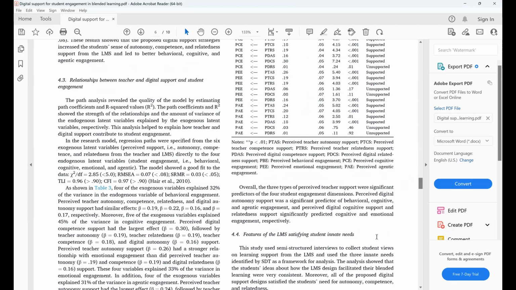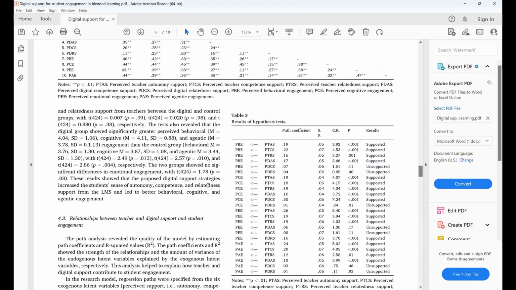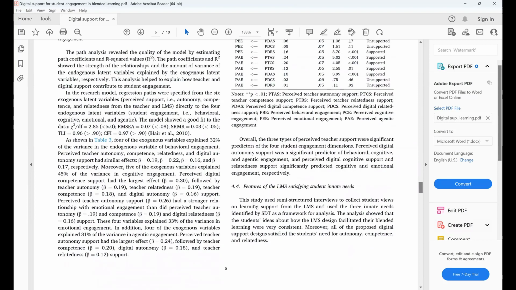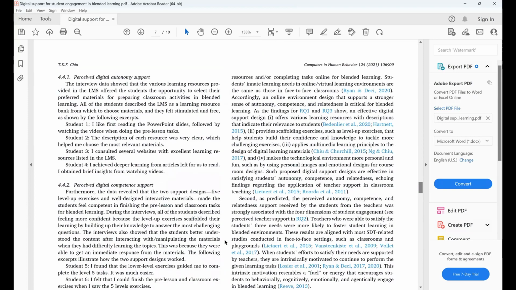So you can see that even in the results, I'm talking a little bit about how to lay out. They also follow the sequence of the RQs. Similarly, 4.4 is qualitative, and the previous subsection is the quantitative result.